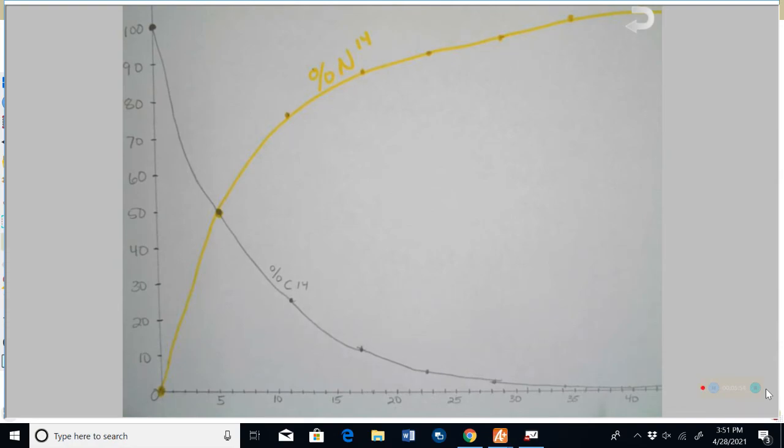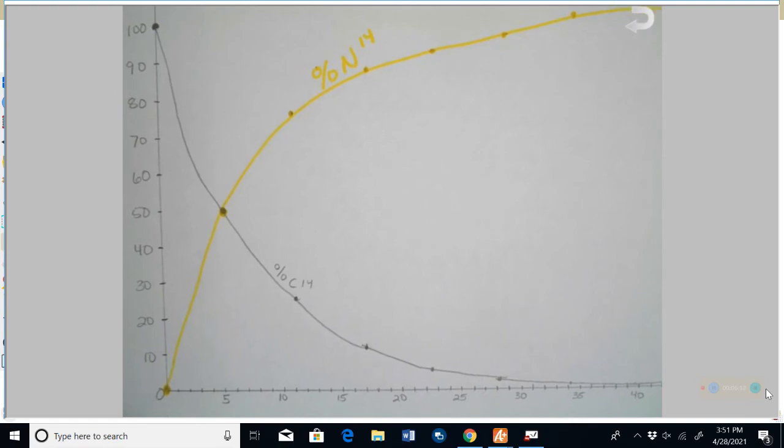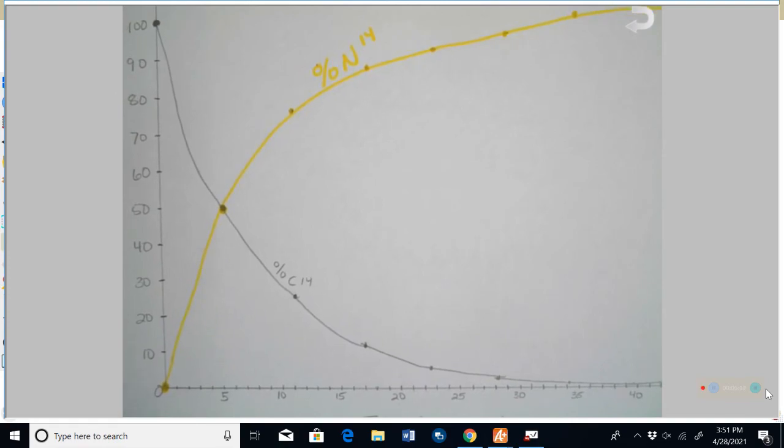Each radioactive isotope has its own half-life, its own amount of time that it takes for 50% of it to change. So the graph will still look the same, it's just that the numbers along the horizontal axis will change.